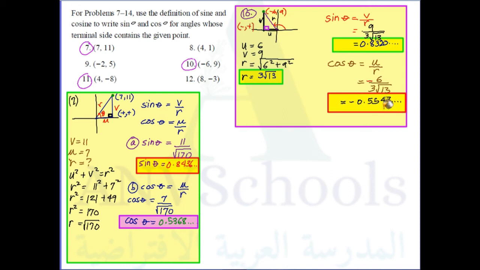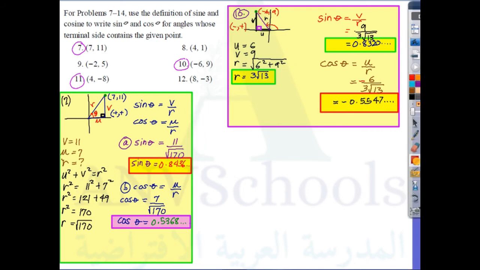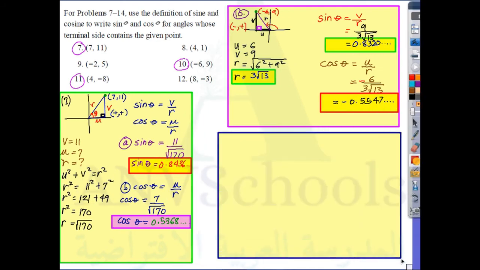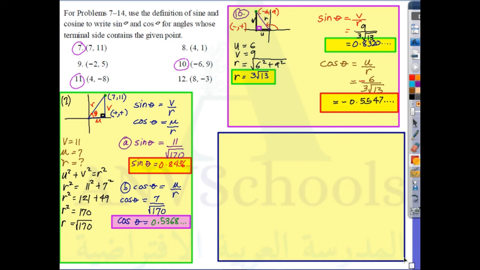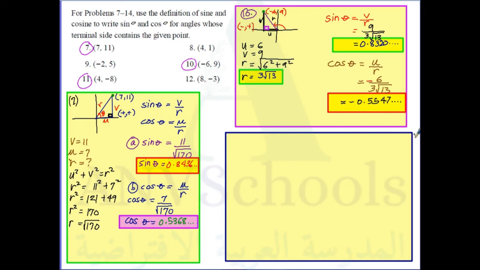What about number 11? So let's do number 11. Our number 11 is (4, negative 8), which means that it is in quadrant 4. So for number 11, we are going to get a sketch.